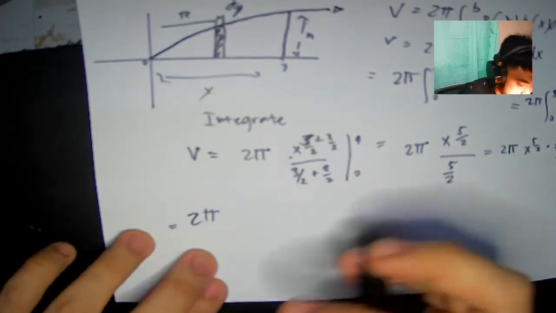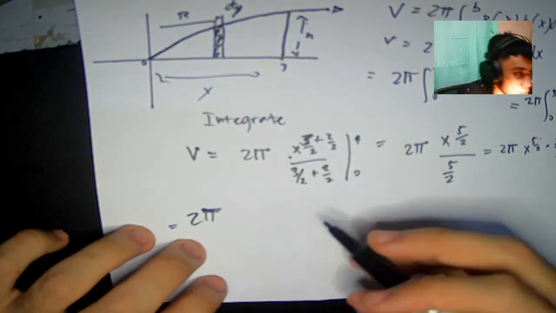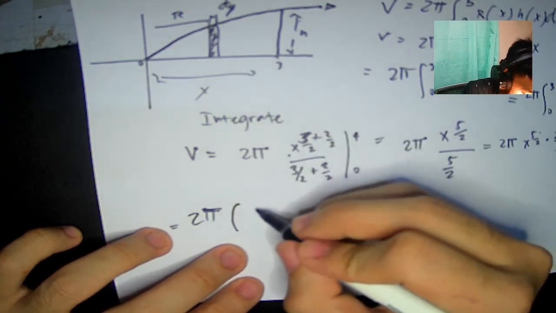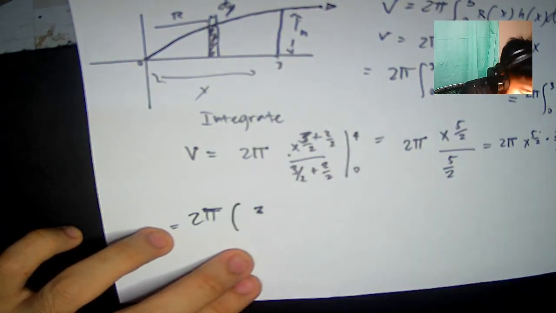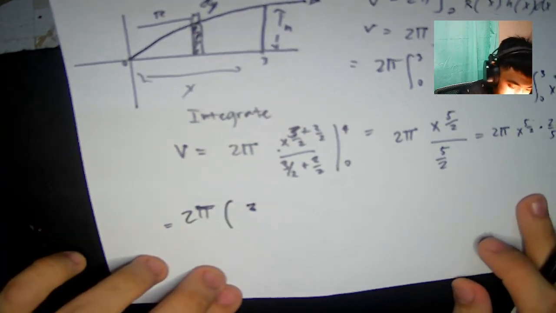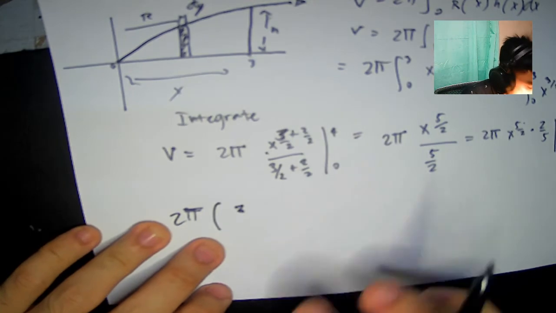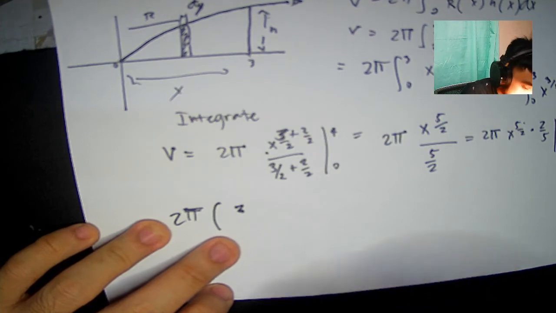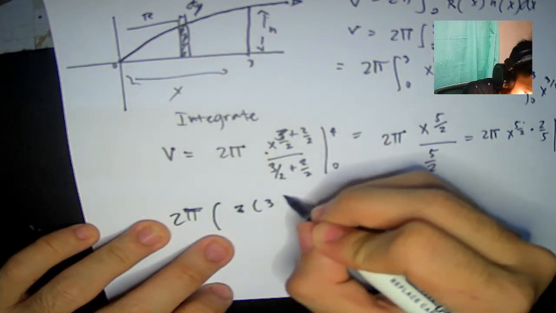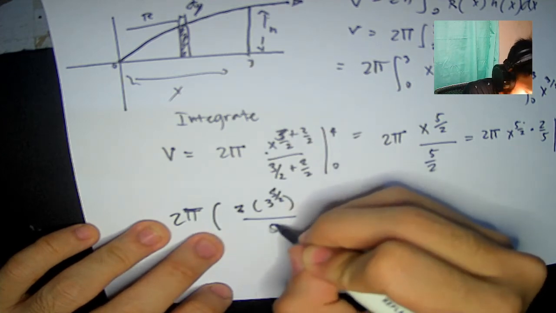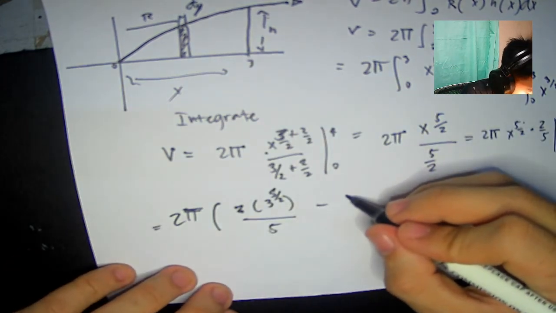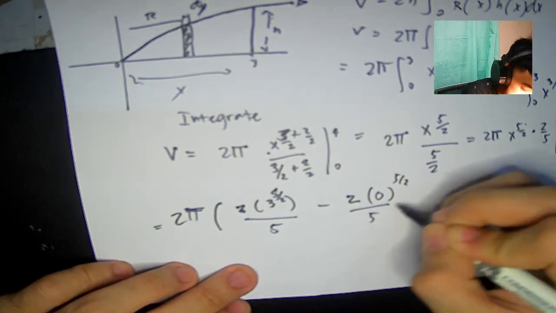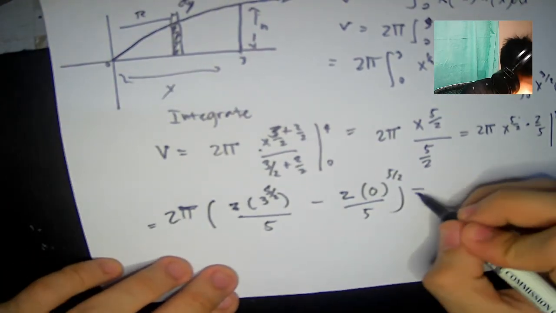So this is a function, right? Okay, so let's have 2 times over 5, so 3 rather, 5 over 2, minus 0 to the 5 over 2. So we'll have 0, so this is disregarded, so I have 2 pi.